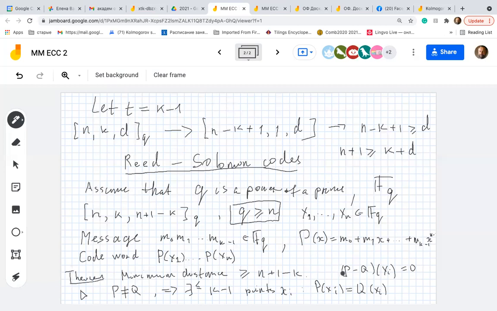And we know that the number of roots of a non-zero polynomial is at most its degree. It's an algebraic fact. And the degree is at most k minus 1. So the number of xi where P and Q coincide can't be larger than k minus 1. So this completes the proof.